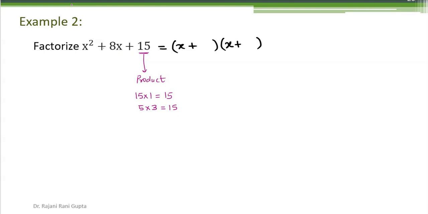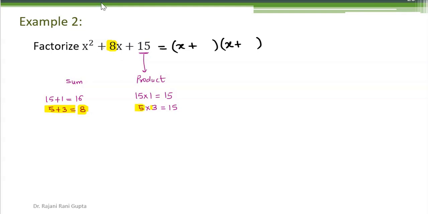For that you need to find their sum first. 15 plus 1 is 16, whereas 5 plus 3 is 8. If you look at your question, you needed 8, which you are getting by adding 5 and 3.